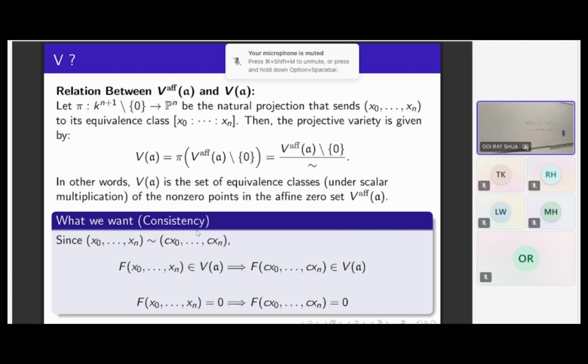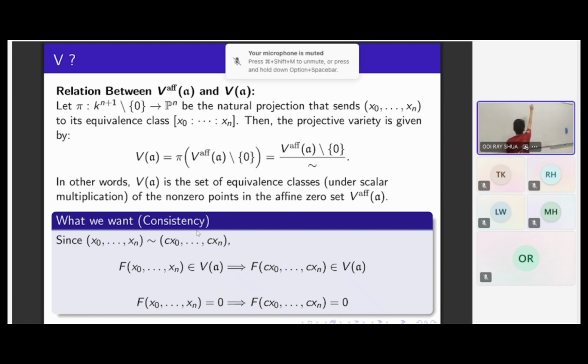So we do the same thing. What does it mean to be inside V? It means that this equals 0 and then this implies this equals 0. So let's look at that condition and try to work with it. What does that reduce to? Maybe we'll take an example.